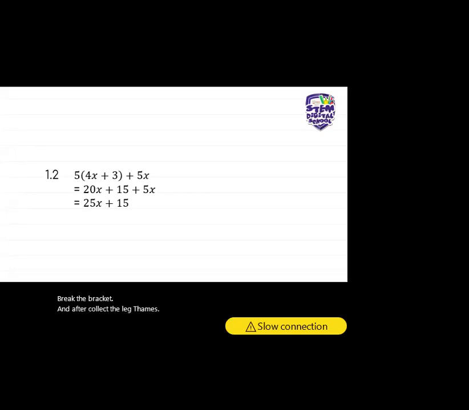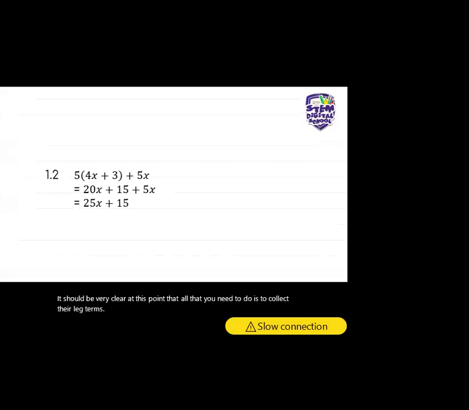5 into 4x plus 3, and then plus 5x. And this becomes 20x plus 15 plus 5x. Then it should be very clear at this point that all that you need to do is to collect the like terms.